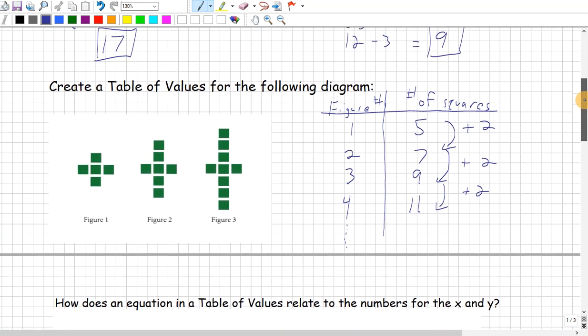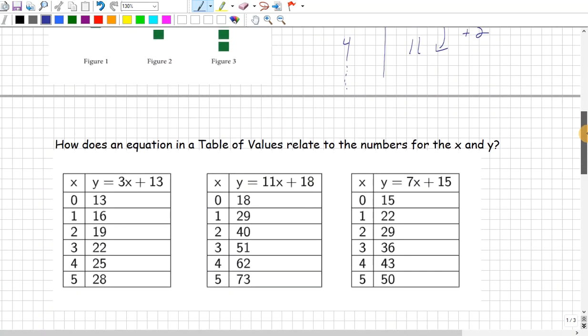Okay, so how does an equation in a table of values relate to the numbers for X and for Y? We've already seen how to plug numbers in. It looks like a lot of information, so let's just break it down. Let's just do part A first.